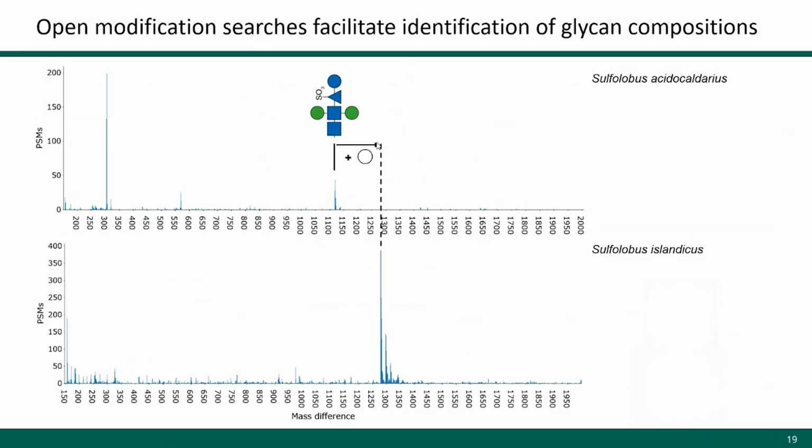And then Saccharolobus islandicus, the related species, we didn't know the glycan composition yet, but we saw this mass difference in the high mass range. And the difference between this peak and that peak corresponds nicely to a hexose. So our assumption is that Saccharolobus islandicus has a very similar glycan, but with an additional hexose added to it.